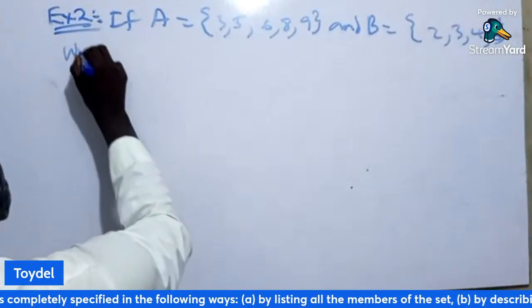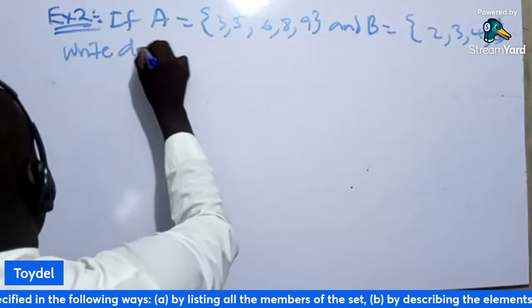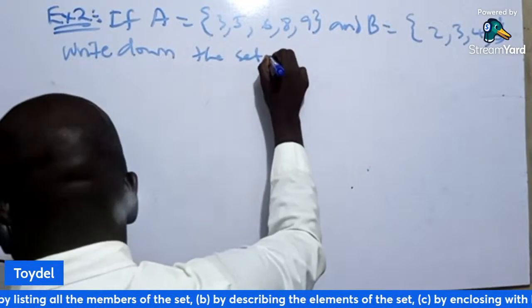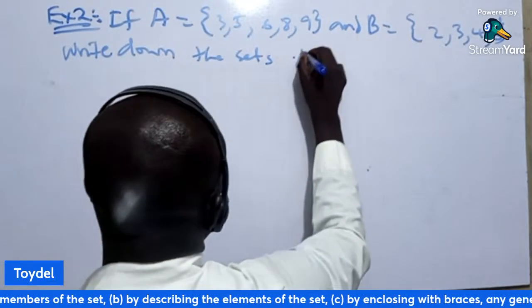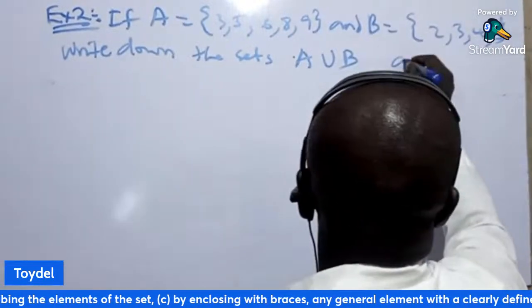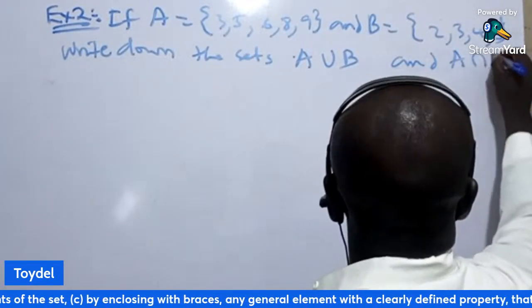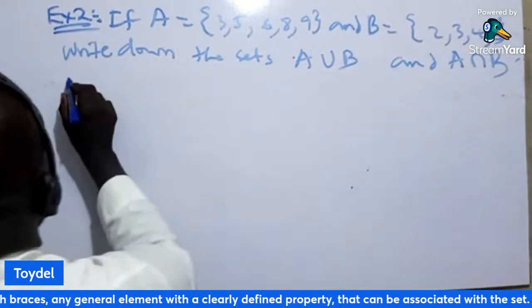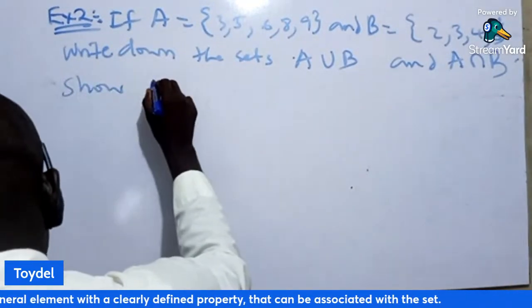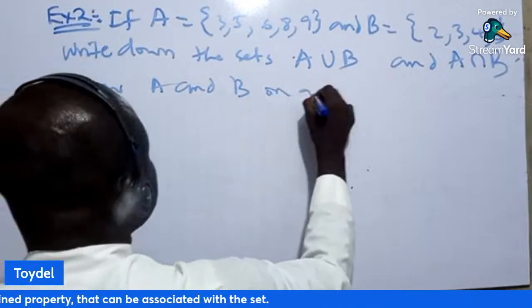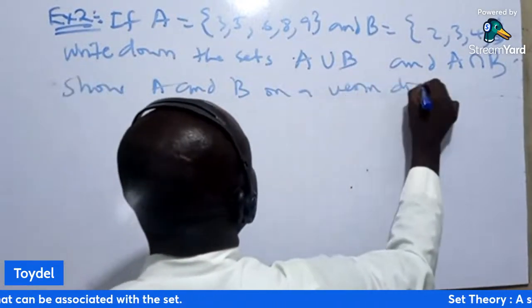So the question now says that we should write down the set A union B and A intersection B. Further, the question says that we should show A and B on a Venn diagram.